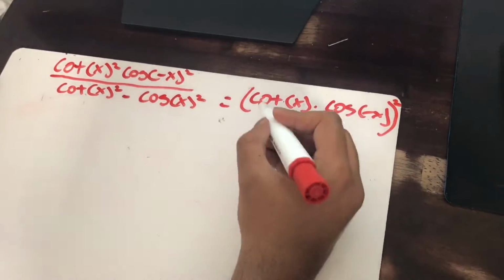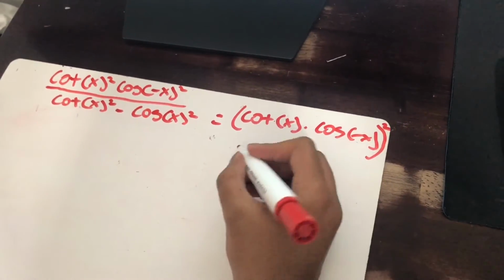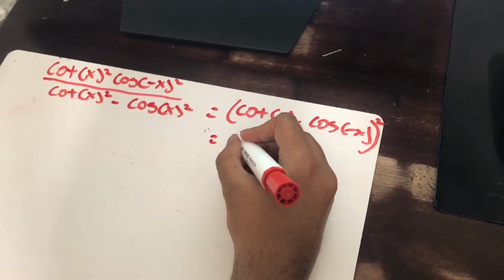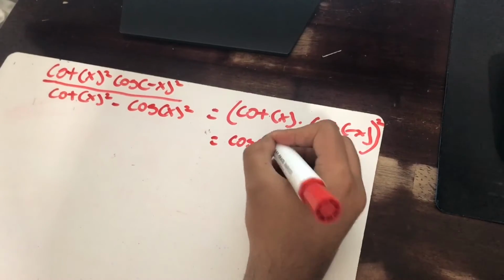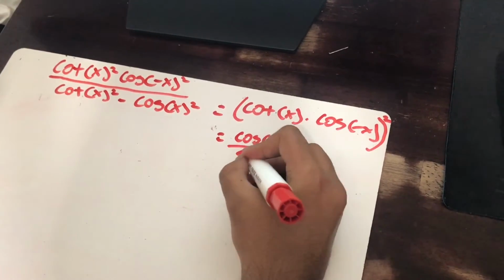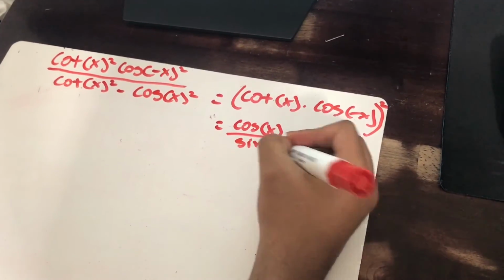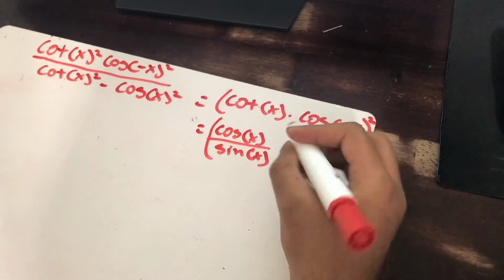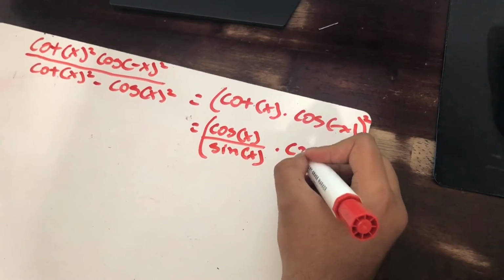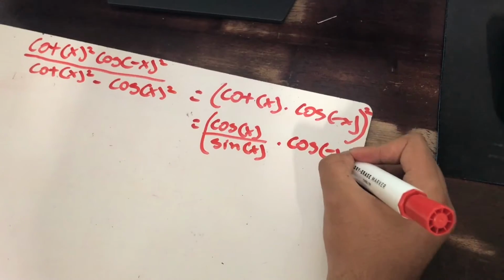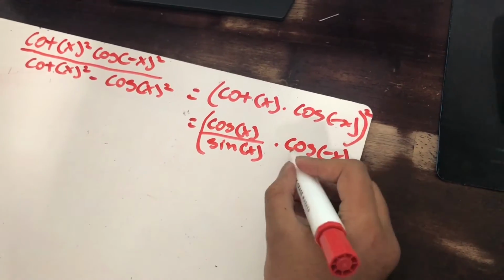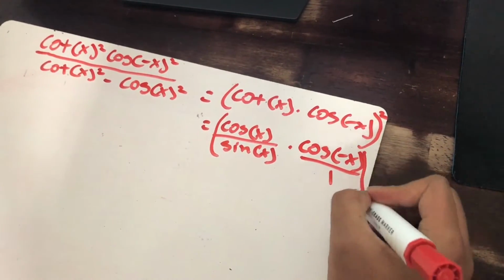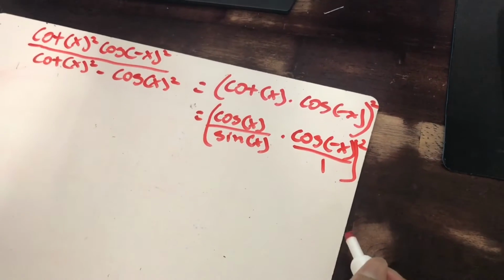Now we can write cotangent of x as cosine of x over sine of x, all that multiplied by cosine of negative x over 1, in power.